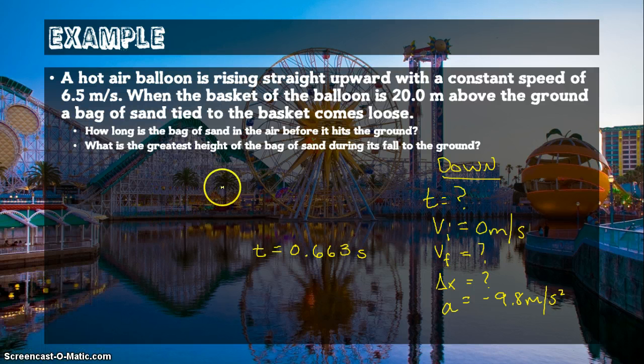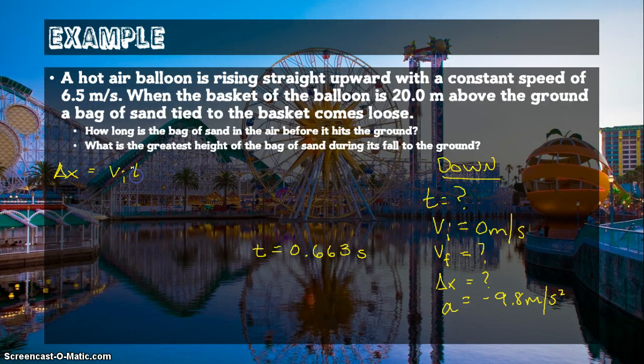Alright, so to find that distance going down, we know it was at 20 meters as it was going up. So at 20 meters, it then went up for another 0.663 seconds at that acceleration. So let's find our displacement in that time, knowing the acceleration.